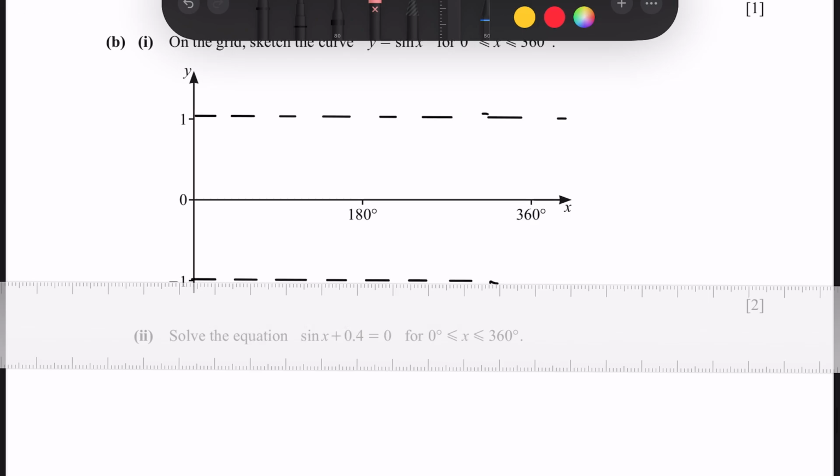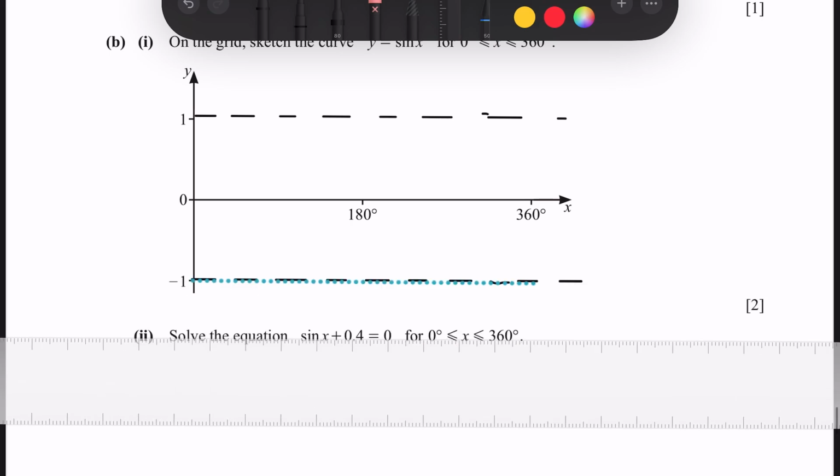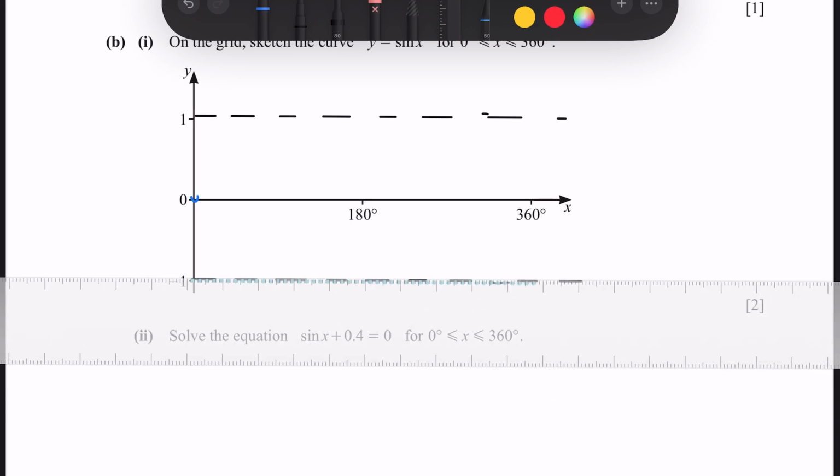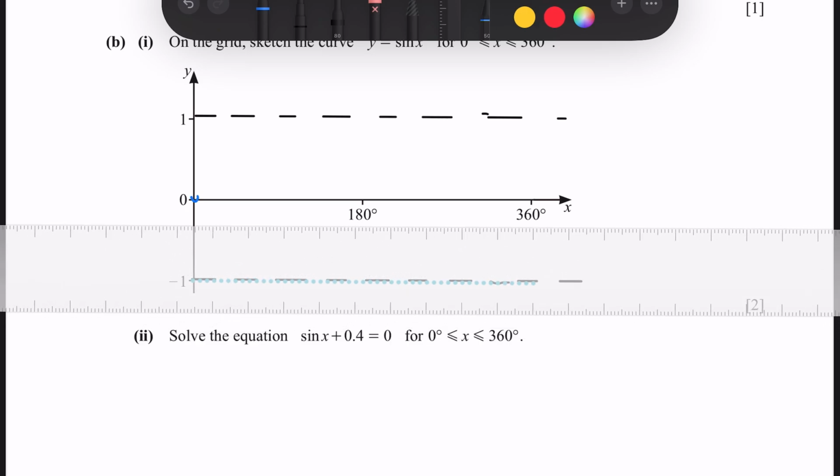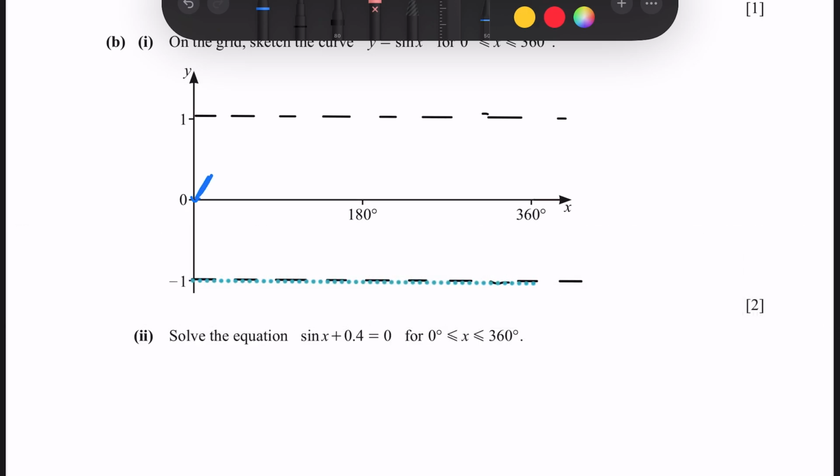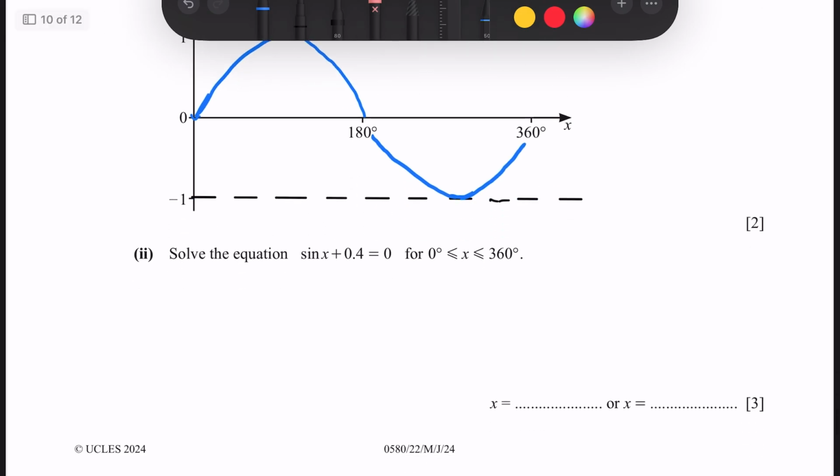So the graph should stay within this range. The second is that the graph starts at (0, 0). It reaches 1 at 90 degrees, comes back to 0 at 180 degrees, goes back down to -1 at 270 degrees, and comes back up at 360 degrees.